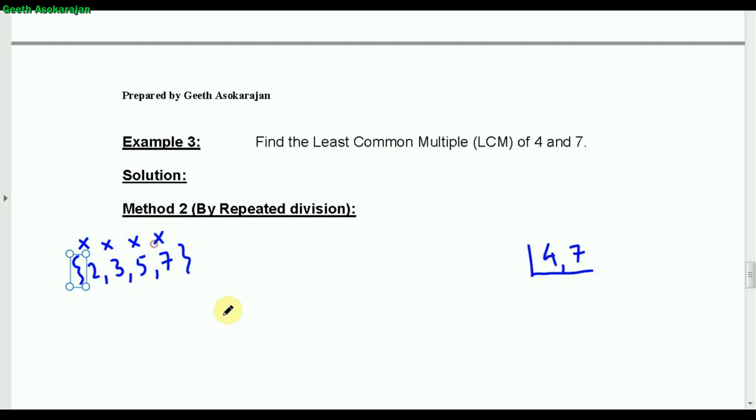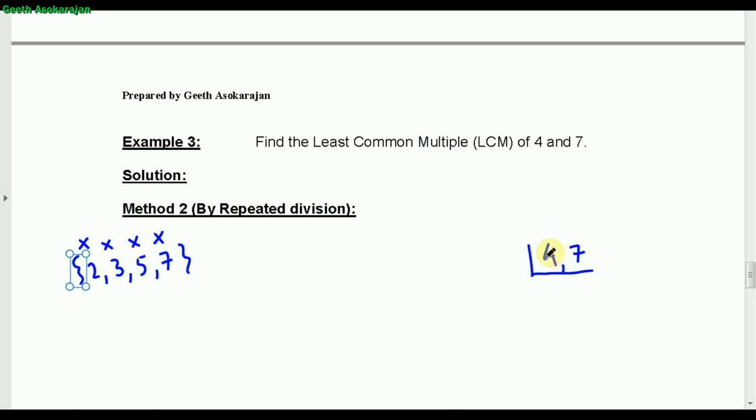So 7 doesn't work, and there isn't any point going to the next prime number, because it is going to be bigger than these two, and you wouldn't be able to divide these numbers by it without a remainder.